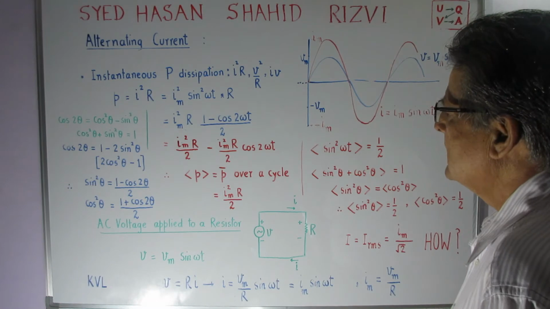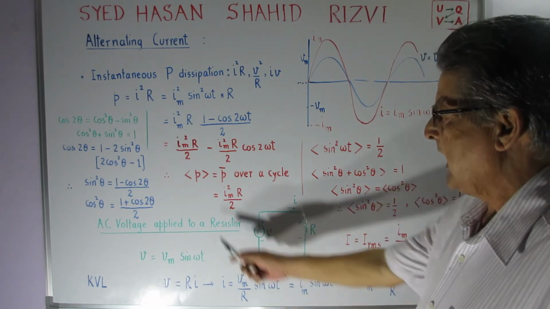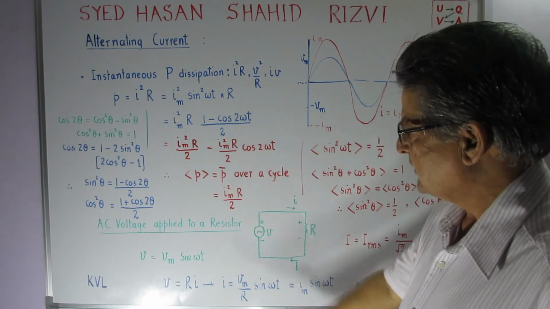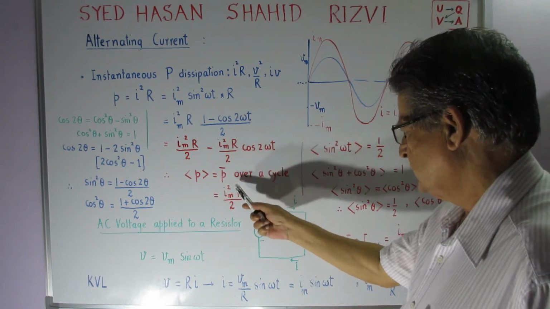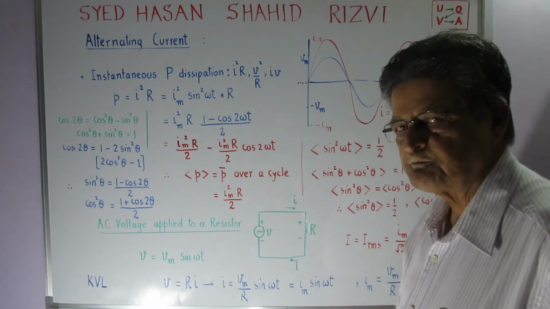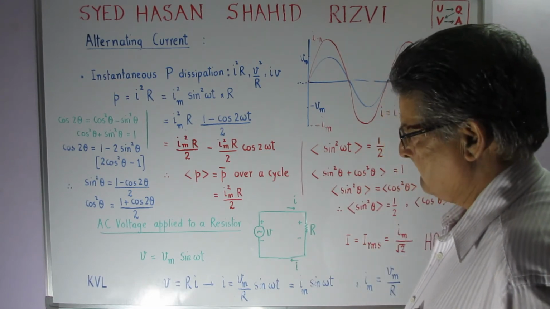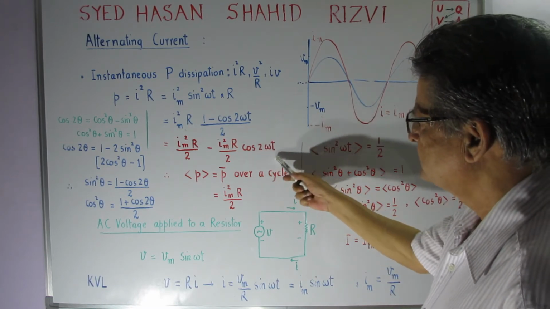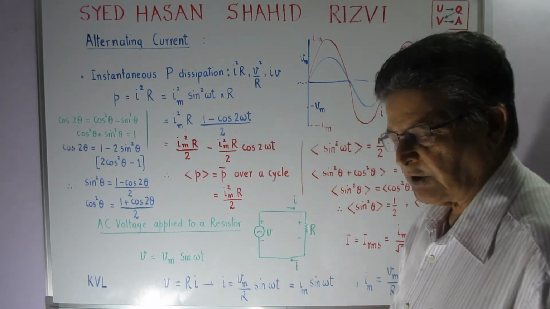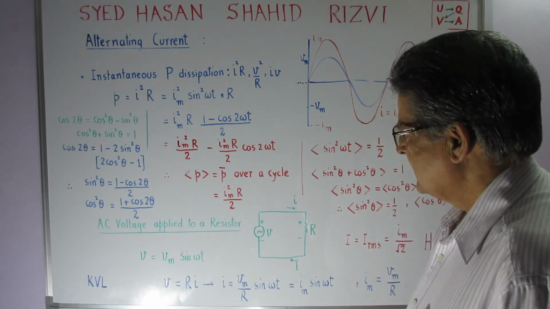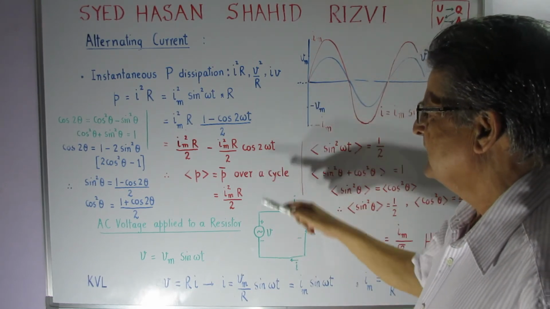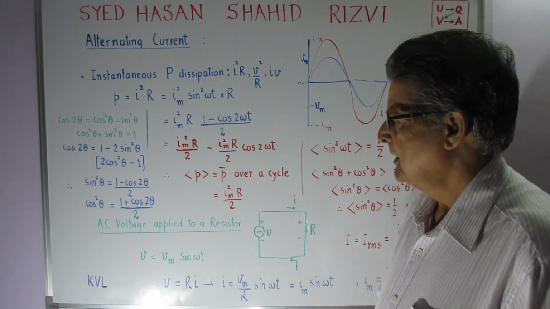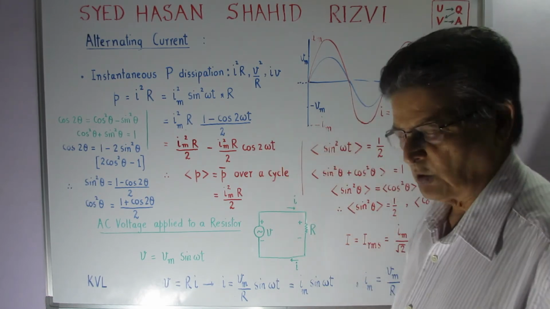Now let us see what will be the average value of the instantaneous power, which I write as this, over a cycle. The function cos of 2 omega t, if we integrate it over a time period, will turn out to be equal to 0.